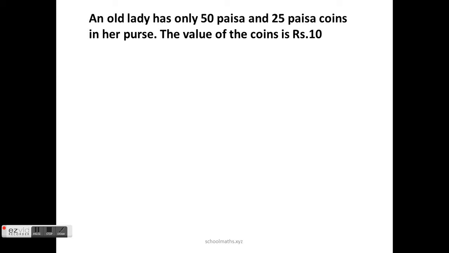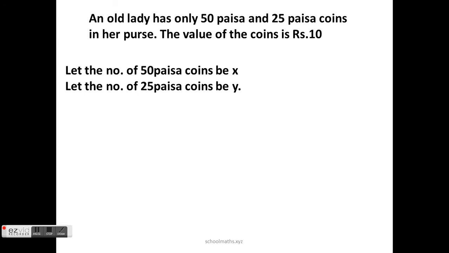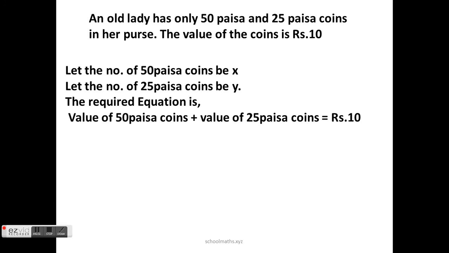Let the number of 50 paise coins be x, 25 paise coins be y. Now value. Value of 50 paise coins plus value of 25 paise coins is rupees 10. We are having x number of 50 paise coins. So 50x plus 25y equal to 1000.